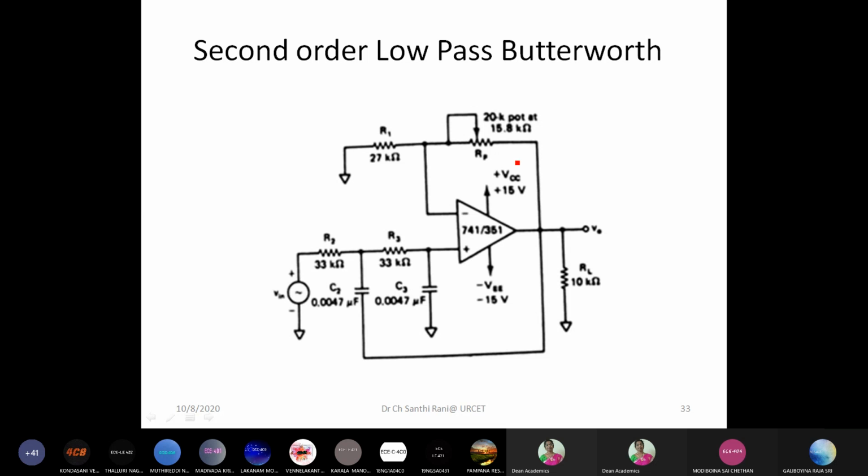Let us proceed. Now, second order low pass Butterworth filter. If it is first order, one RC network, and second order means we add one more RC network. That's all. What we have studied now is the same.